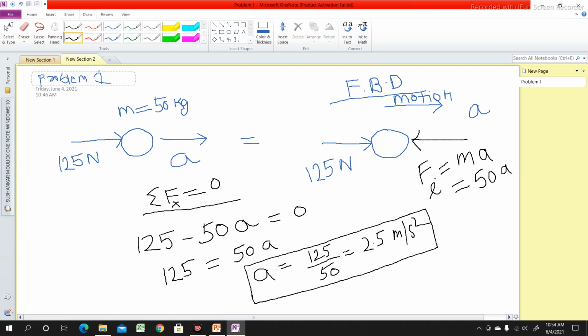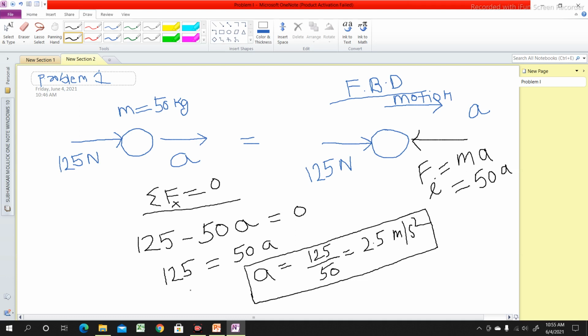What was asked in the question? It was asked that you have a body, the mass of that body is 50 kg, and an external force of magnitude 125 Newton is acting on that body. You need to find out the acceleration produced in the body due to that external force. As soon as you apply the 125 Newton external force on the body, the body will move with some acceleration. Say that acceleration is A. Then according to D'Alembert's principle, in order to maintain the dynamic equilibrium, you need to apply an inertia force on this body in the direction opposite to the direction of motion of the body, and then you write down the force equilibrium equation and get the value of acceleration produced in the body.